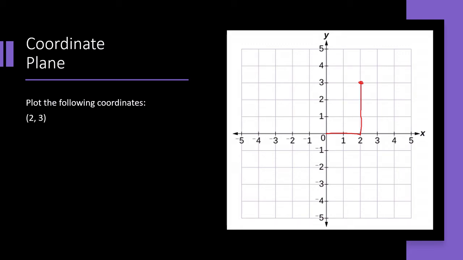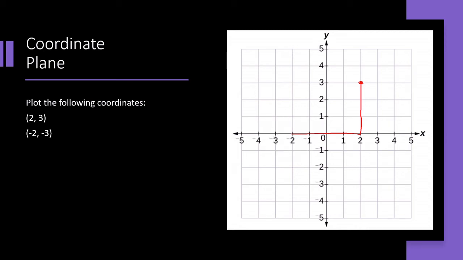Okay, let us do one more very quick. This time I have negative 2 comma negative 3. So remember, my friends, I'm always going to start right here with the same origin. It's the only one we have. I'm going to find the negative 2 on the x-axis, take this route, and stop right here at the negative 2.